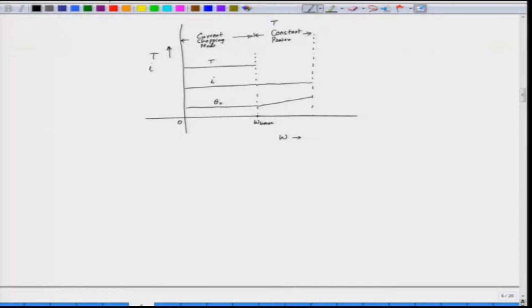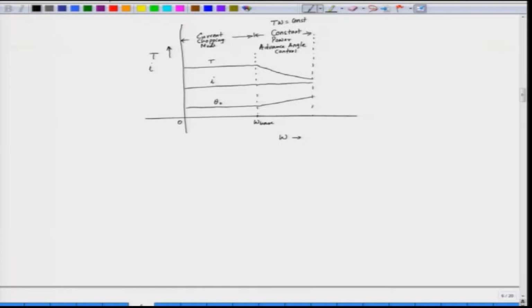Or T omega is constant, and this is also called advance angle control. As the advance angle increases, the torque will decrease, but the power will remain constant.